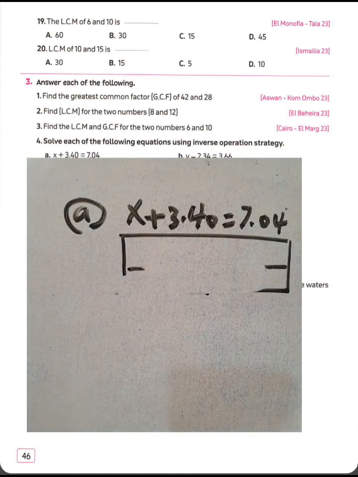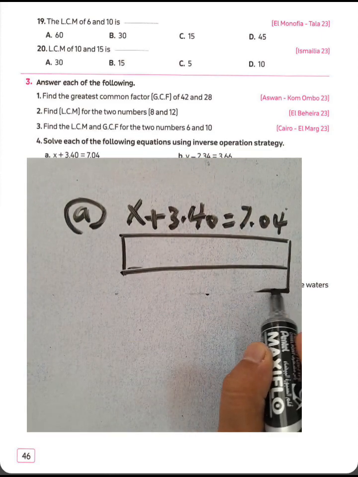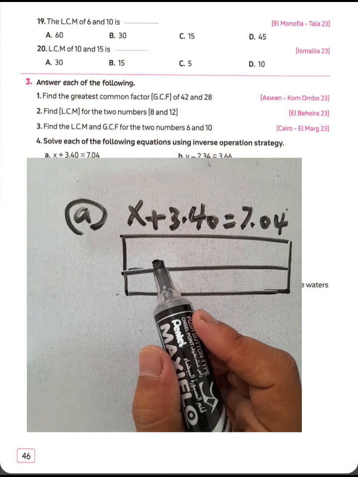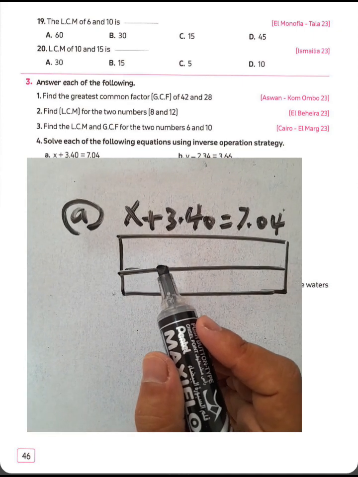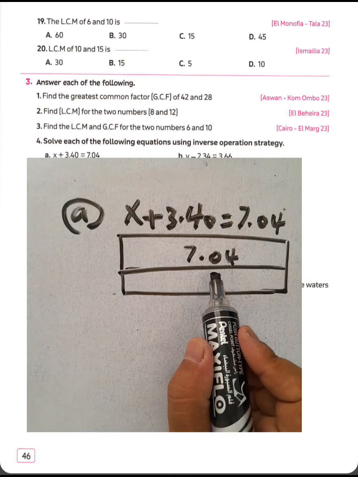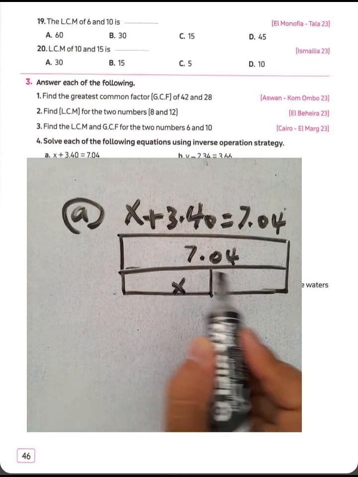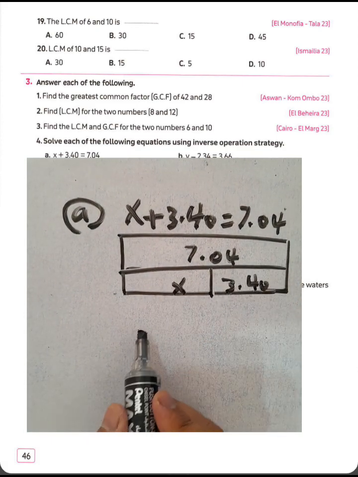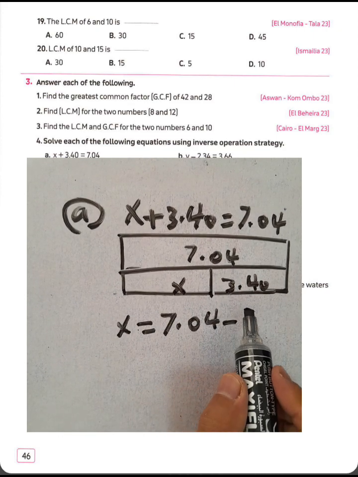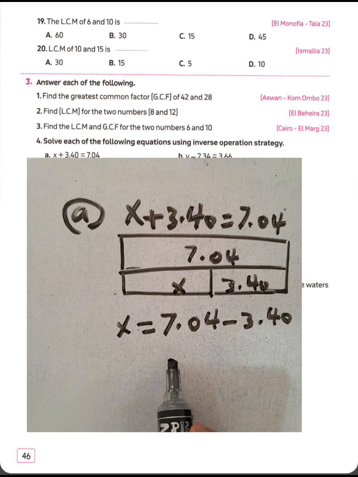We want to find x here. We write x plus this number equals 7.04. We write 7.04, the greatest number, and the smallest here, x and 3.40. Then x will be 7.04 subtract by 3.40.